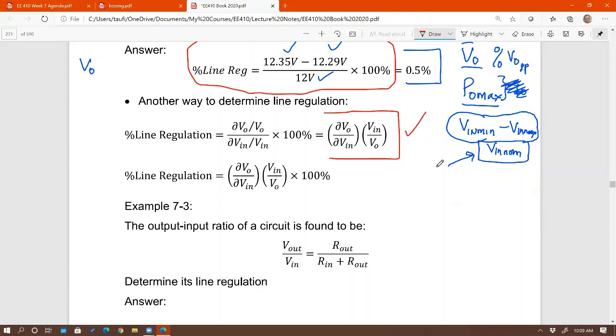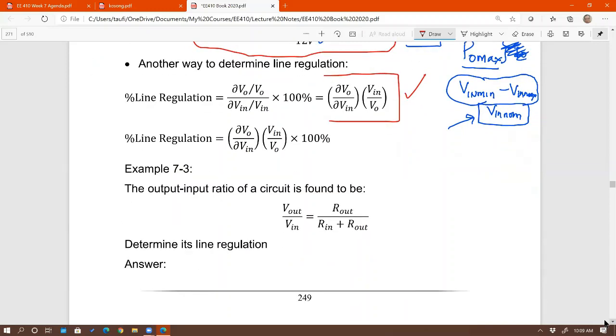So we can calculate line regulation beforehand, before we build the prototype. Here's the equation. Multiply by 100%, that gives you percent line regulation. Let's look at an example on how to apply this equation. Let's say that I have a circuit. It doesn't have to be a DC to DC converter. This is just to show you how to apply this equation.